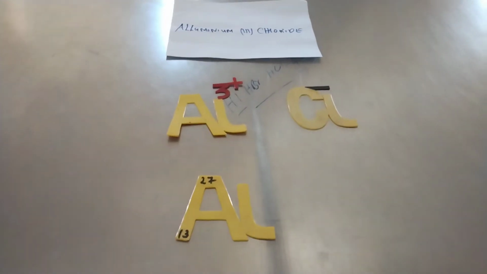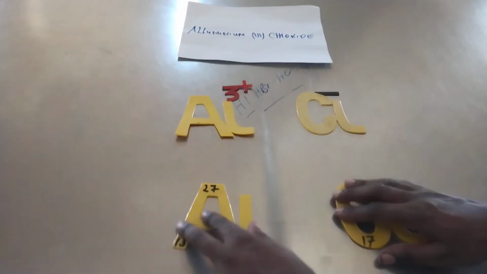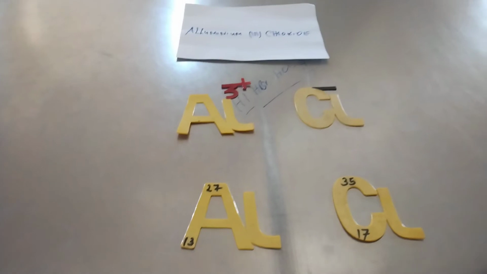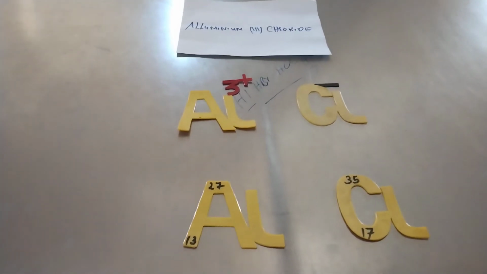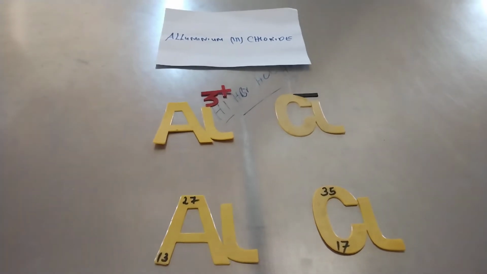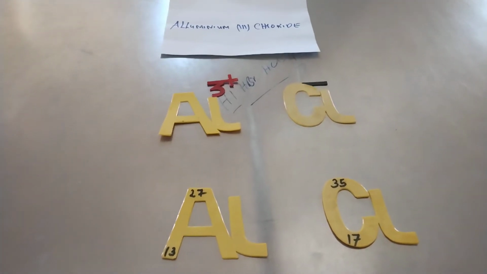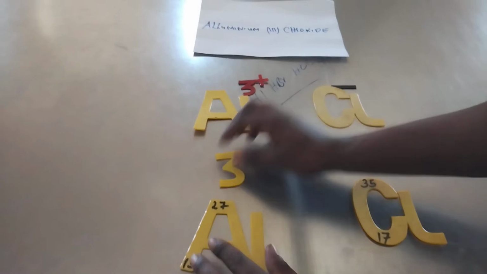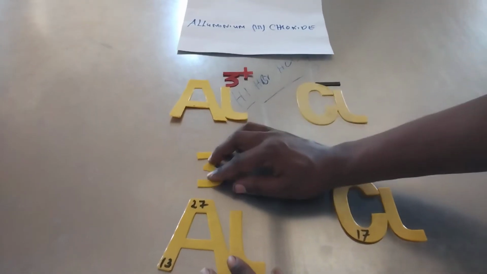So when these two combine, we have our aluminium there, and we have our chlorine here. Now from this oxidation number, aluminium has a combination power of 3, like this. This one is coming from this oxidation number.